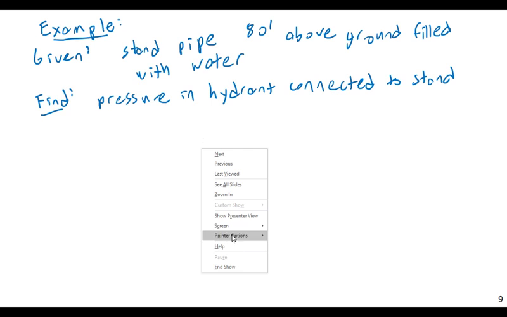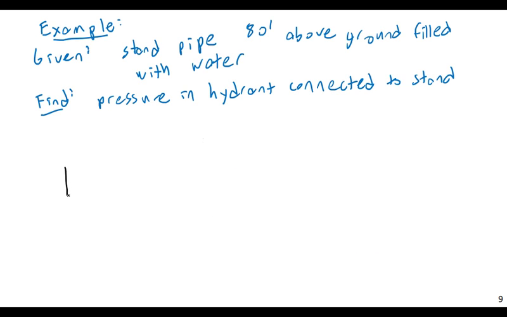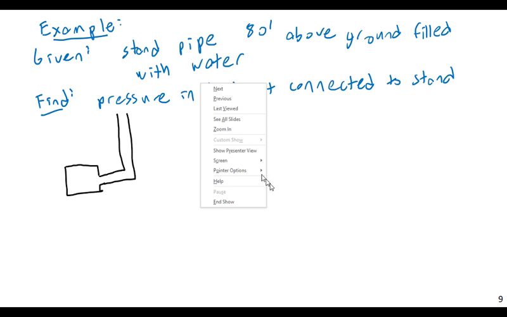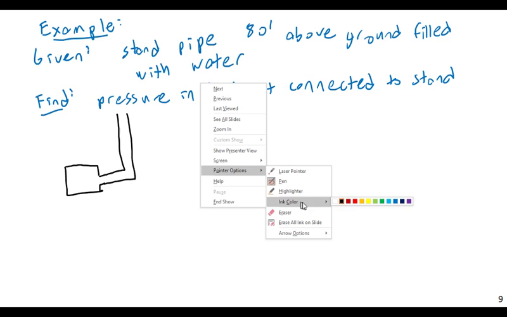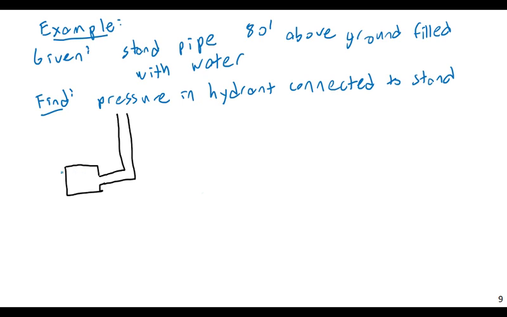So let's show this. Basically what we have here is a fire hydrant down here, and I'm looking at the pressure at this point here. Then we have a long vertical column. This might be something like a water tower providing pressure to the municipal water system. This thing is full of water all the way through.